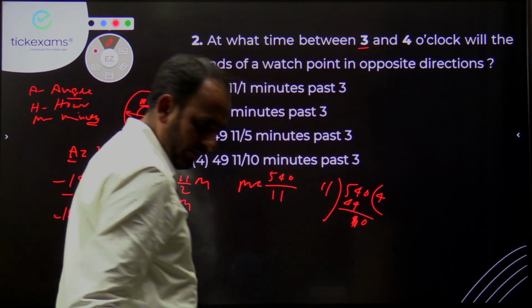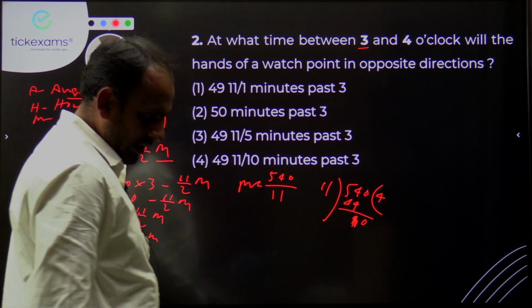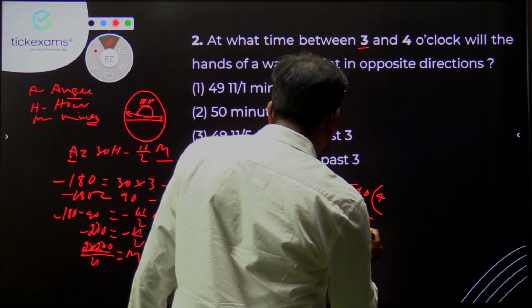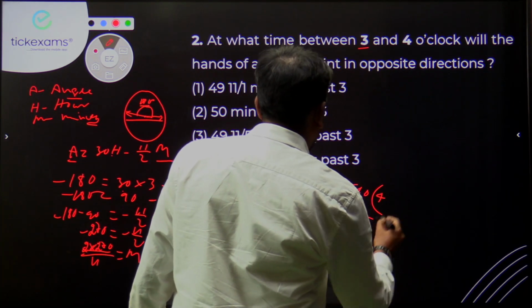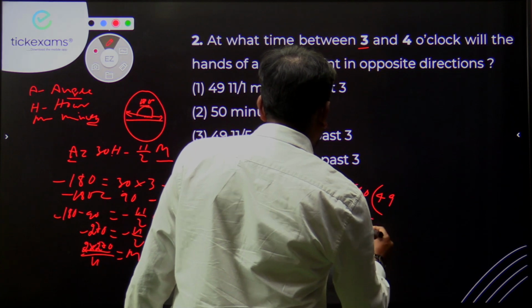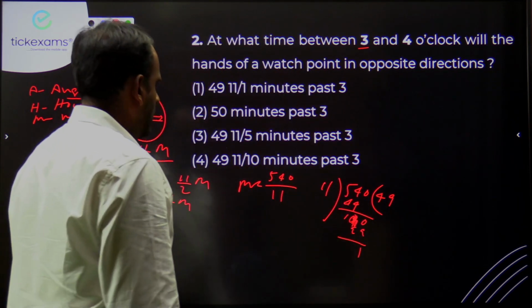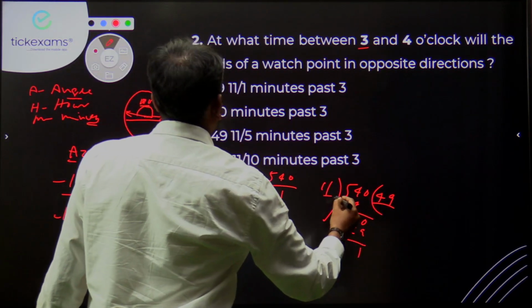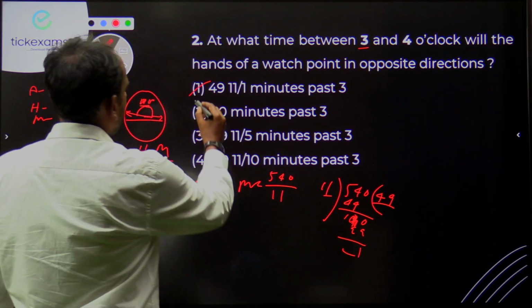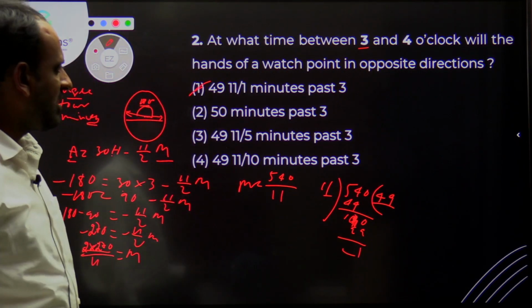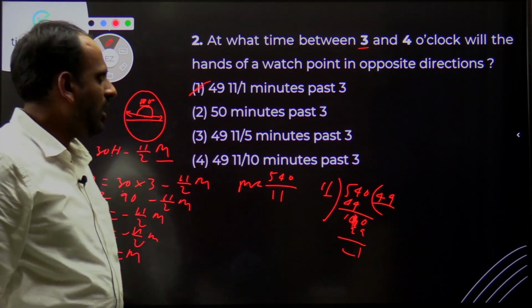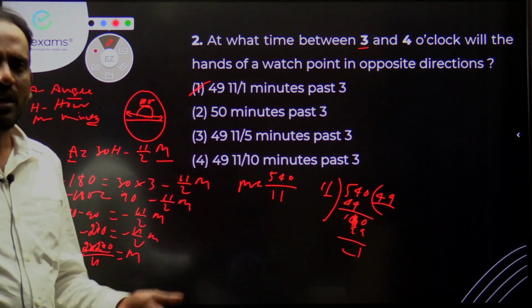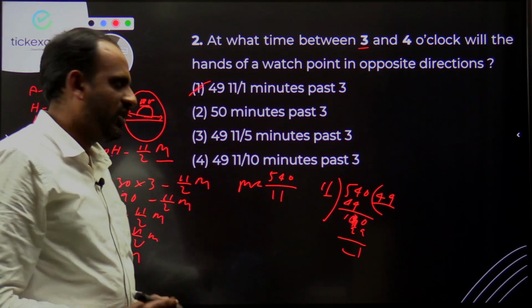Then we have 10 here. Since there is a 0, we take one more 0 here, so we get 100. 11 9s are 99, so we get a remainder of 1. So the answer is 49 and 1 by 11 minutes past 3. At this time between 3 and 4 o'clock, the minute hand as well as the hour hand will be in opposite directions.